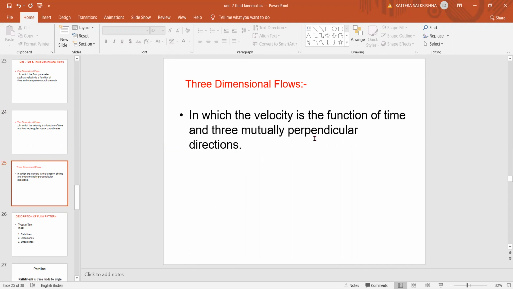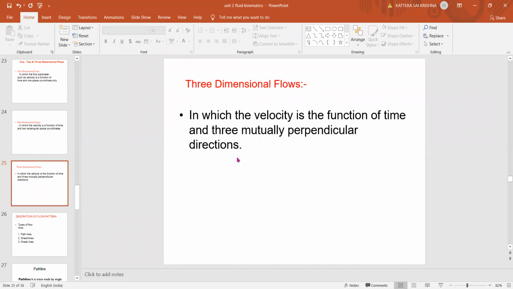Since we have three mutually perpendicular axes x, y, z, small v in the y direction equals f2 of x comma y comma z again, and w equals f3 of x comma y comma z. Okay, so these are the three types of flows.